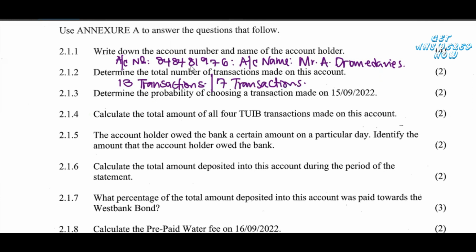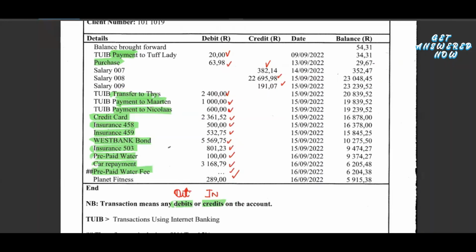Okay, determine the probability of choosing a transaction made on the 15th. We shall come here, count for the 15th.